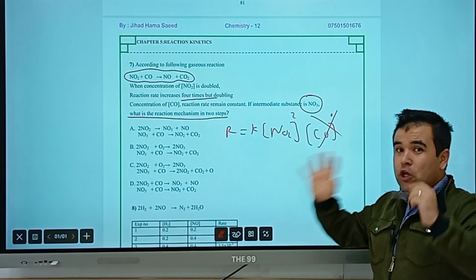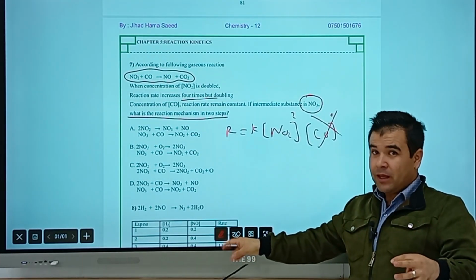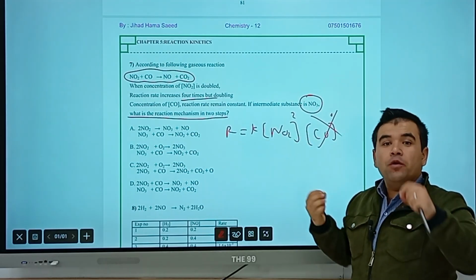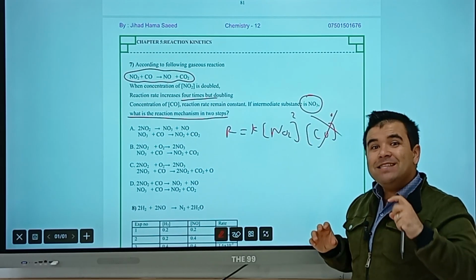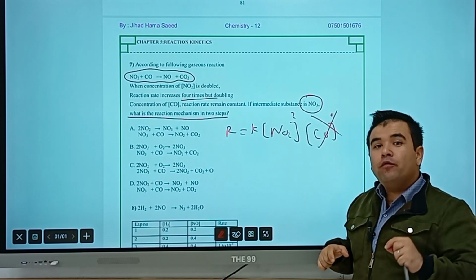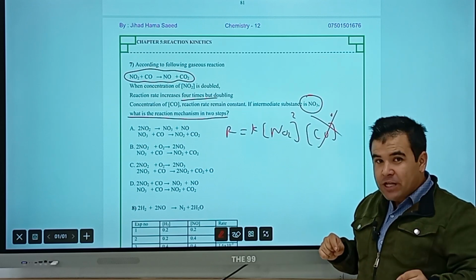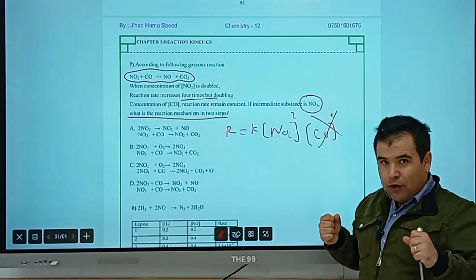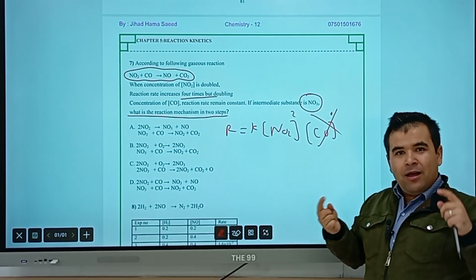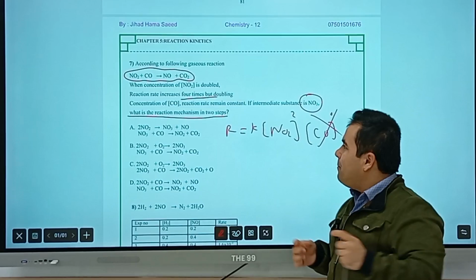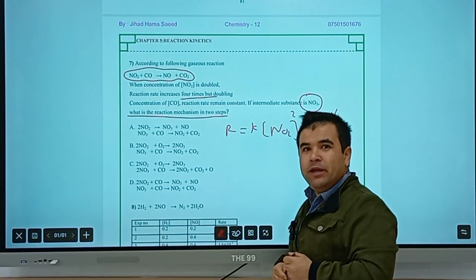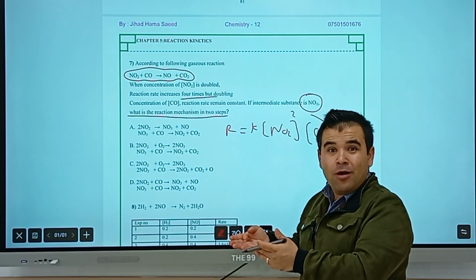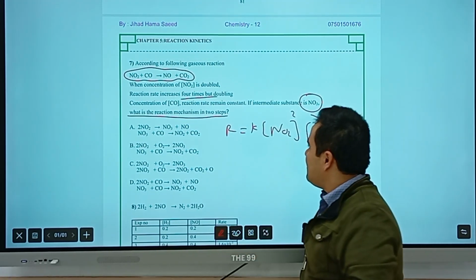Guys, you have to choose a mechanism in which only NO2 with the coefficient of 2 is in the reactant of the first step, or the slow step, and NO3 is in the product of that step. Because NO3, the intermediate, is in the product of the slow step and the reactant of the fast step.